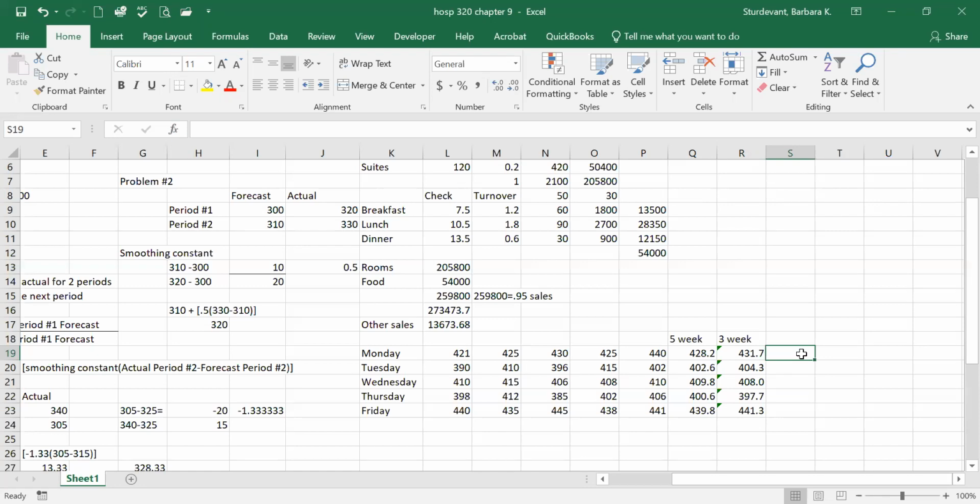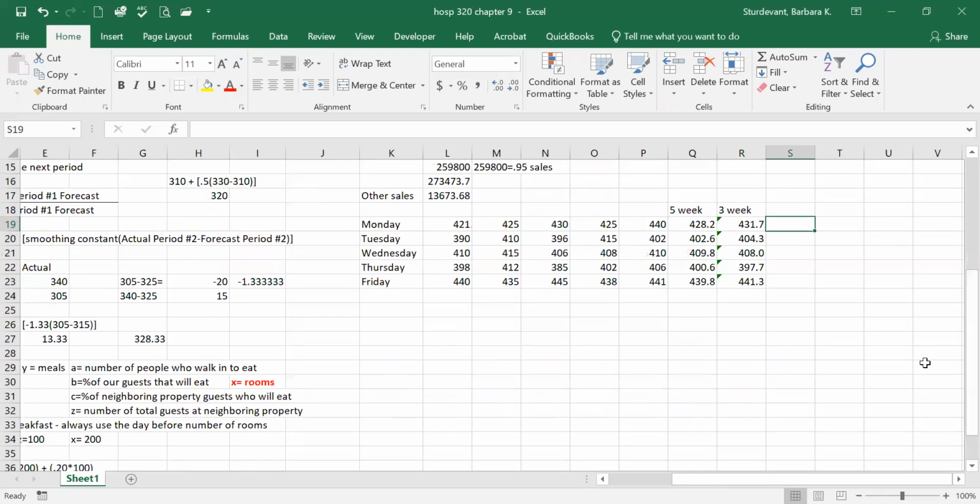Let me copy numbers again real quick. So with this one, we're going to have to do a couple steps.